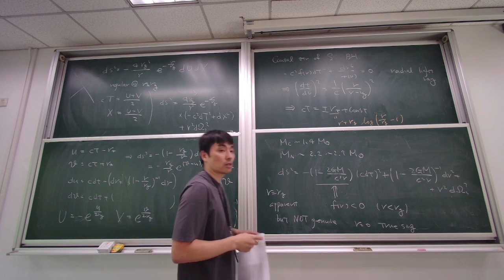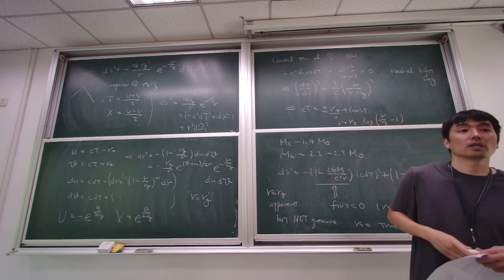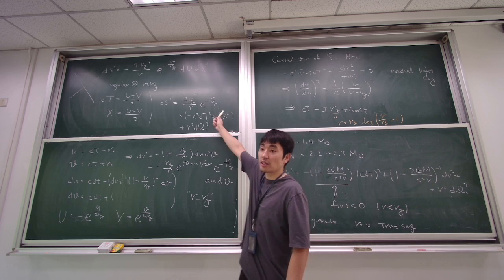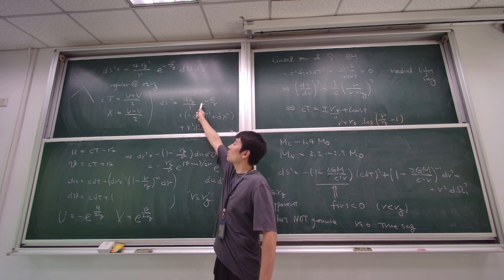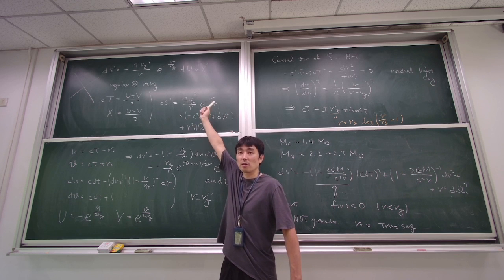Okay, so this is the metric we will get. So this really looks like the flat metric with some conformal factor. So it depends on radius r.